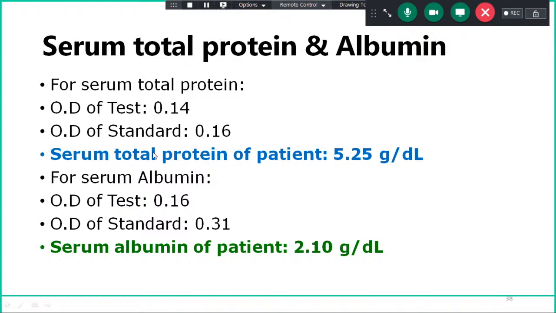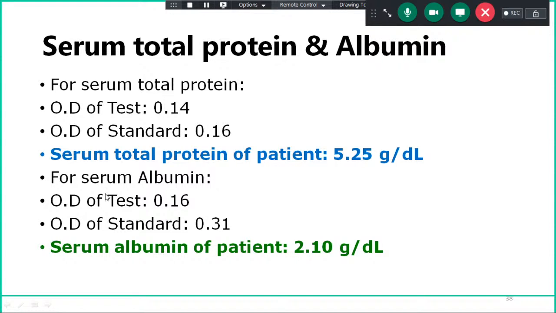The concentration of total protein is calculated by OD of test divided by OD of standard into the concentration of protein, that is 6 gram per dl. So we get a reading of 5.25, which is less than normal. So this patient is suffering from hypoproteinemia.